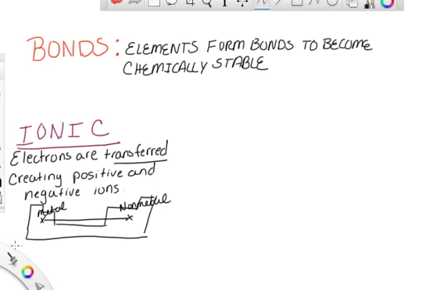And when you combine metals with metals, okay, so these usually occur when metals transfer electrons to nonmetals.